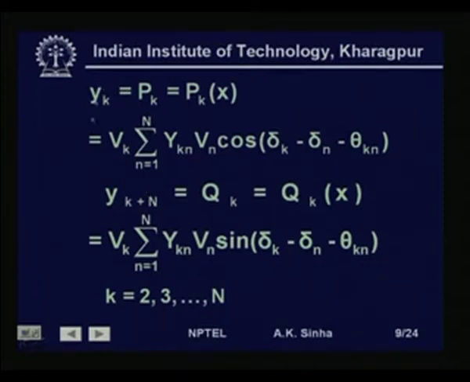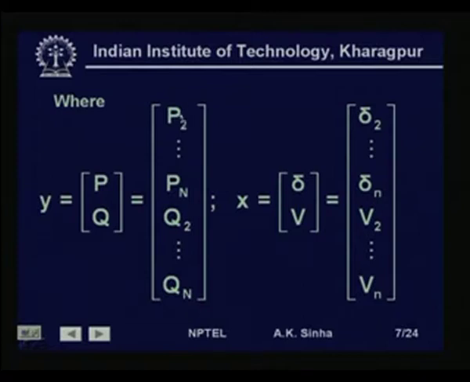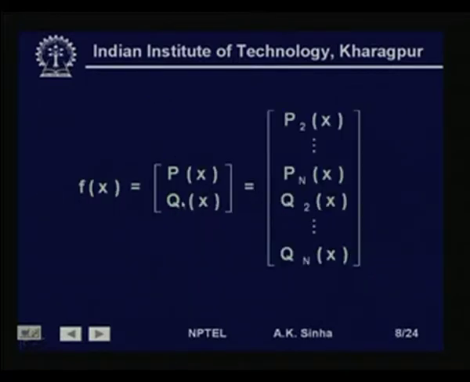Now, y k plus n is Q k, since we had arranged our y in such a way that from 2 to n we have P, and then after that n plus 2 to 2n we have the Q values. We have no value for P 1 and no value for Q 1, because bus 1 is a slack bus.